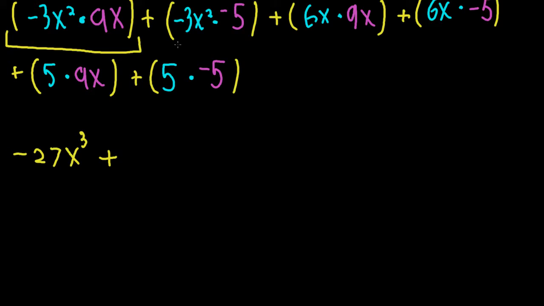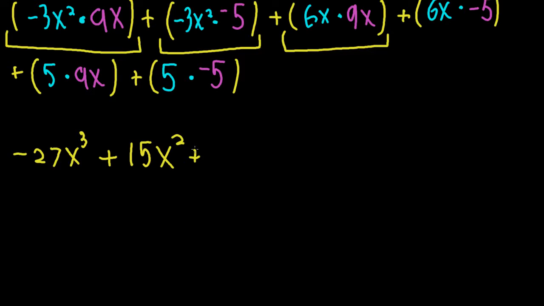Plus, well, we have negative 3 times negative 5, which will give us positive 15. All we have is x squared. So we have x squared. That was this term we simplified right here. Next, we're going to simplify this term. So we have 6x times 9x, which gives us, well, 6 times 9 is 54. And then we have x times x, which is x squared.